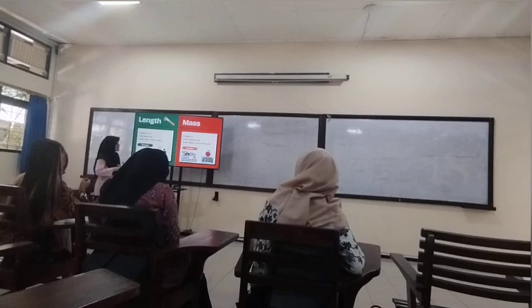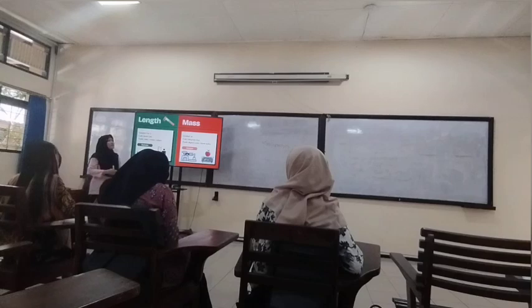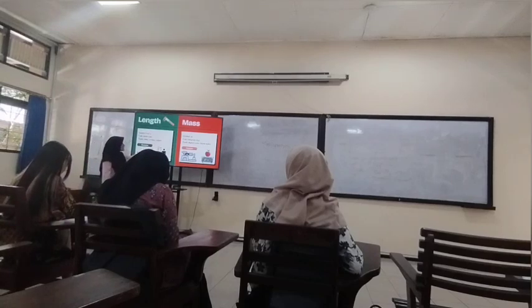From point A to point B, there is a distance that we can measure in meter or centimeter, and it's called the length from A to B. And for the extent of an object, the example is when we want to know our height from head to toe, we can measure it using a measuring tape from our head to toe.